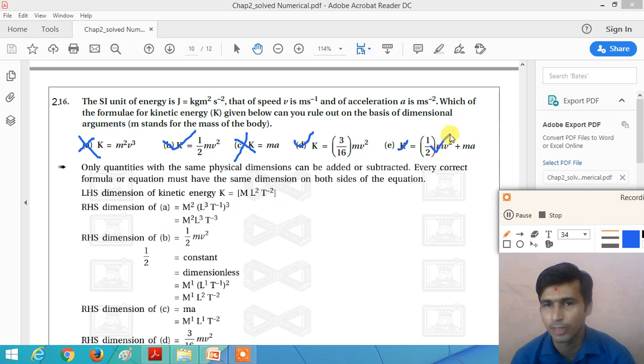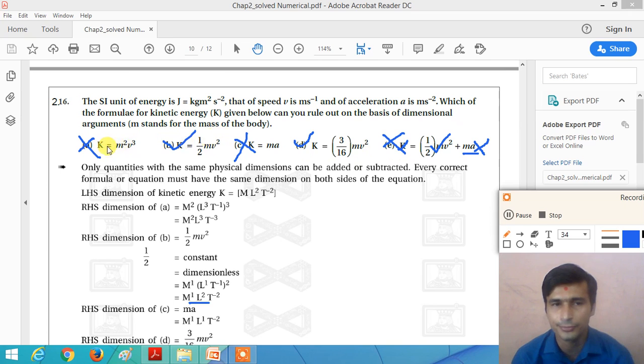The dimensional formula of 1/2 mv square is similar to the dimensional formula of K. But if you calculate the dimensional formula of m into a, we get M^1 L^1 T^-2, which is not similar to the dimensional formula of K, right? So two terms have the same dimensional formula, but the third term does not. So this equation cannot correctly represent the kinetic energy.